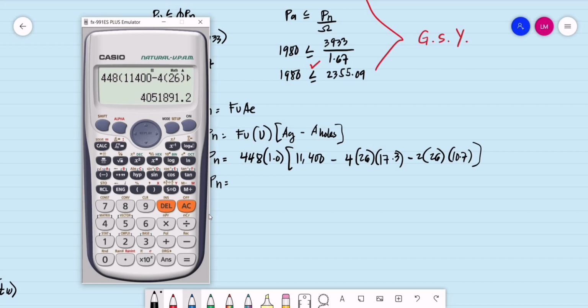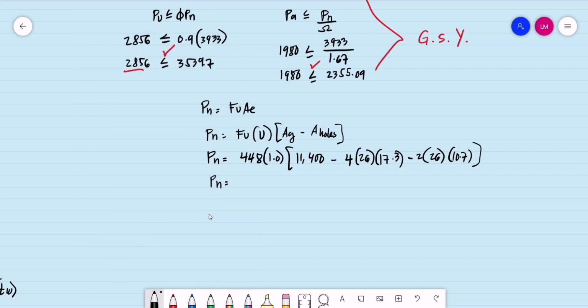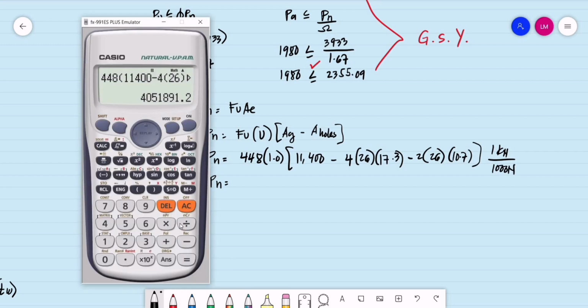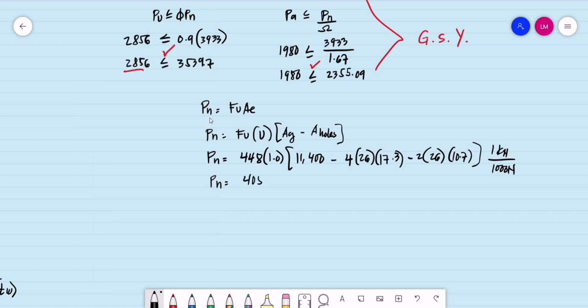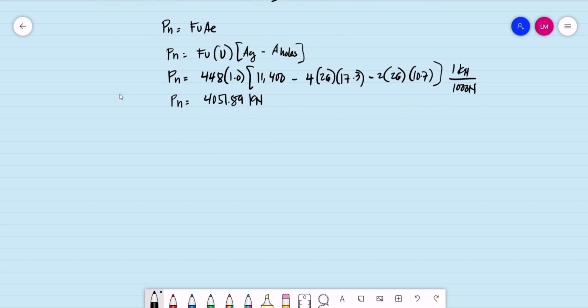This is in terms of newtons, by the way, so we are to convert this one to kilonewtons. So 1 kilonewton is to 1,000 newtons. So this value in newtons divided by 1,000 is 4,051.89 kilonewtons.